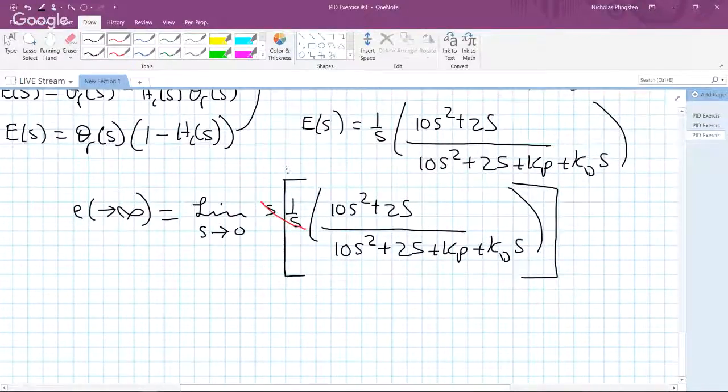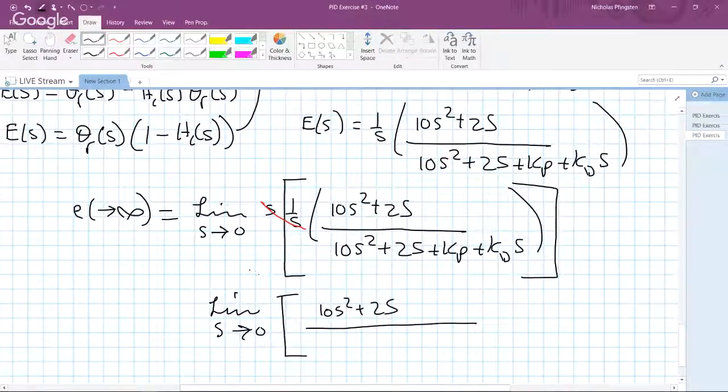These are gone. And if I plug in the values that I do know, this kind of transforms into a limit as S approaches 0 of 10S squared plus 2S over 10S squared plus, so KD was 8, so that's plus 10S plus 2.5.